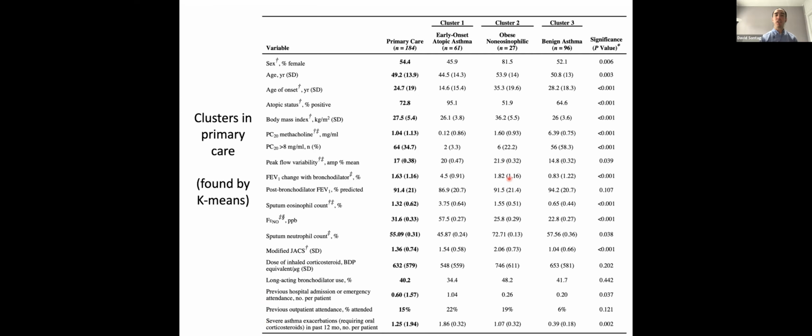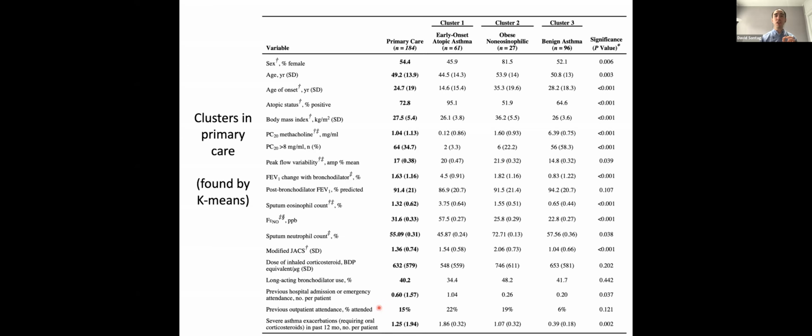And again, we're doing this clustering just in the primary care cohort. In this first column, I'm just giving you the average of the feature values across the whole cohort. The way that we're going to understand or visualize the output of the clustering algorithm is by looking at mu1, mu2, and mu3, meaning the cluster means of the 3 different clusters.